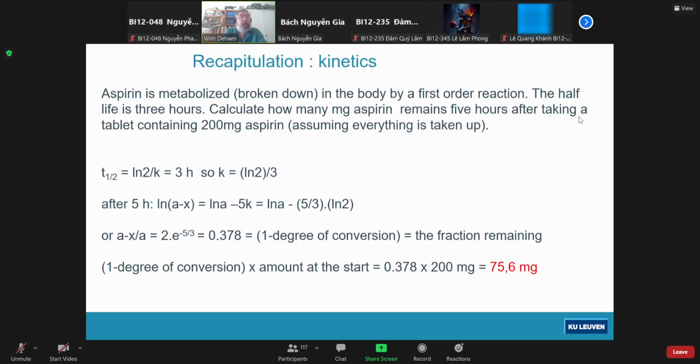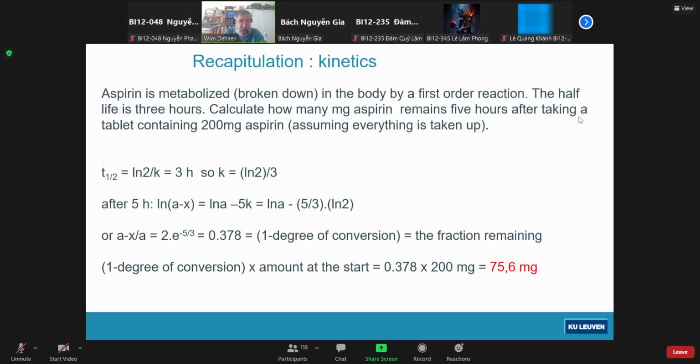Okay, so we can solve this question because we know that a first order reaction has a constant half-life time. So we also knew it is 3 hours. So k can be calculated from that. So k is nothing else than ln 2 over 3. And we can apply then the equation for first order kinetics.